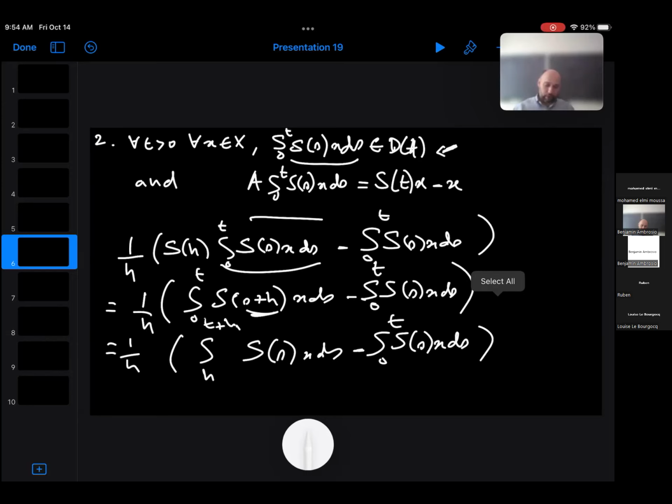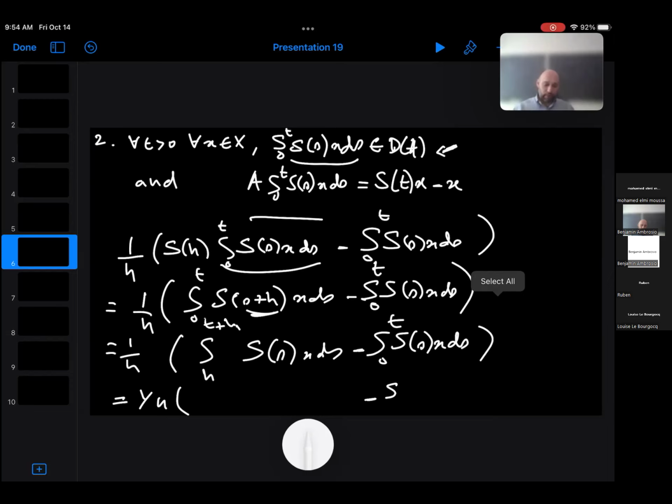Okay, but here a lot of things cancel. So you can check that here. I can split that into the integral between 0 and h plus the integral between h and T. But the integral between h and T will cancel on the other side.